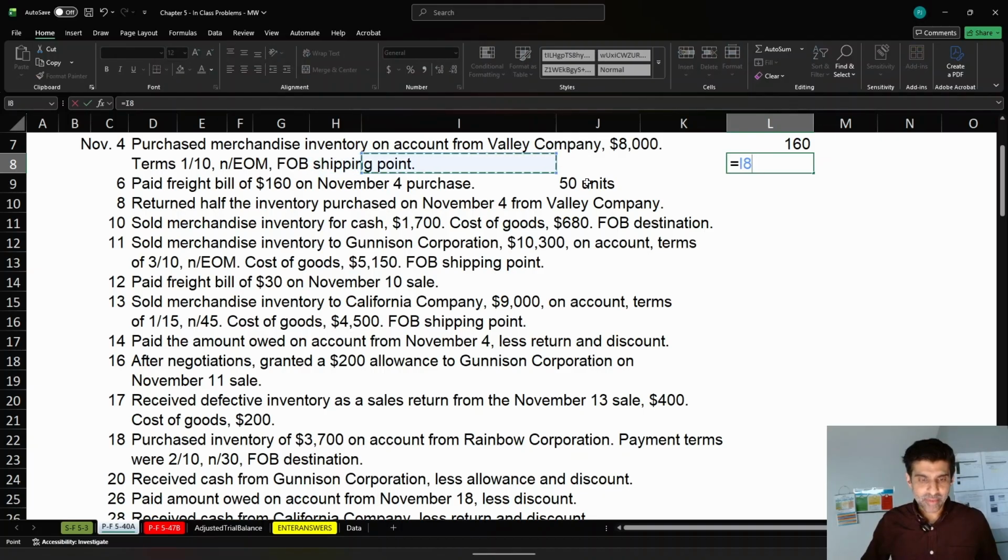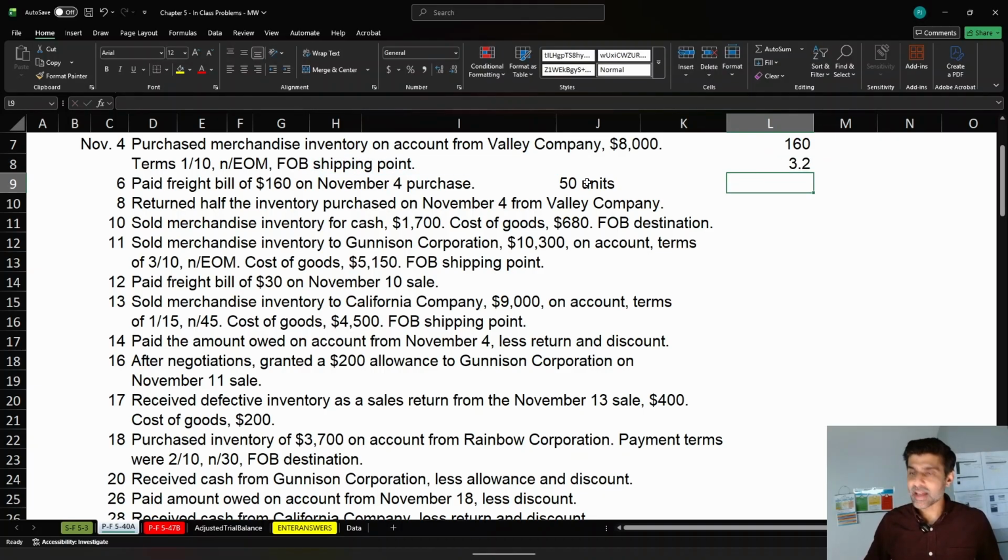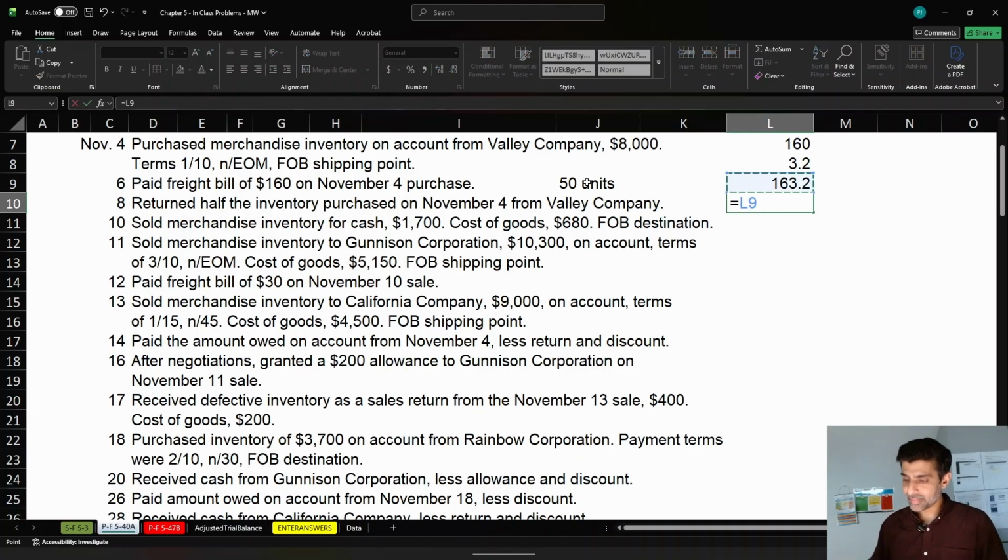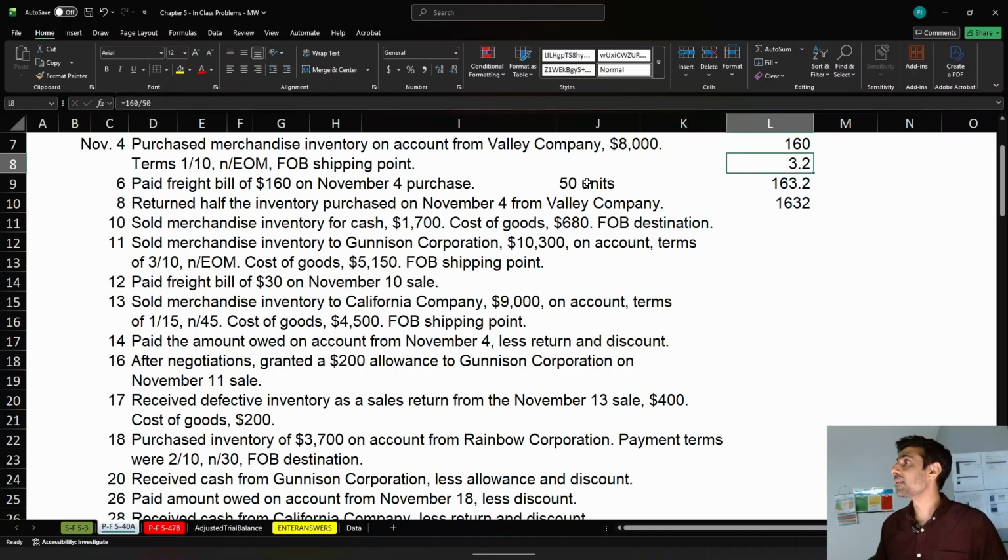And then this $160 for freight divided by 50, that's the freight per unit, right? So really, when we did cost of goods sold, let's say we sold 10 items at some point, our cost of goods sold would be this times 10, which includes not only the cost of the item plus the per unit shipping cost.